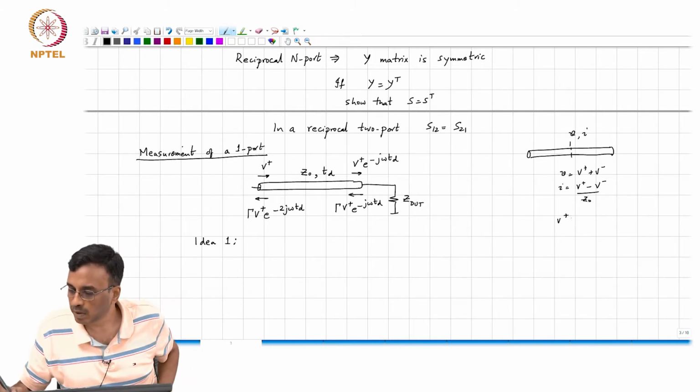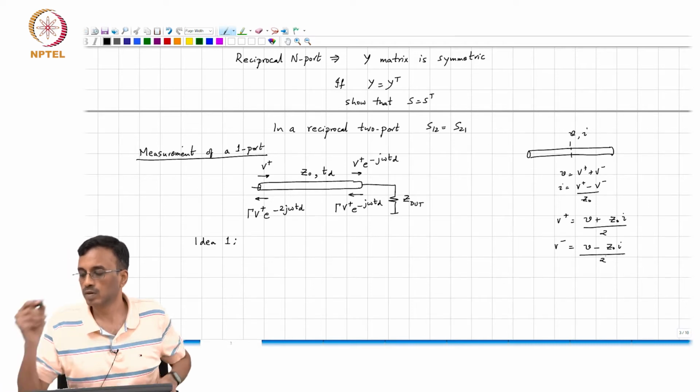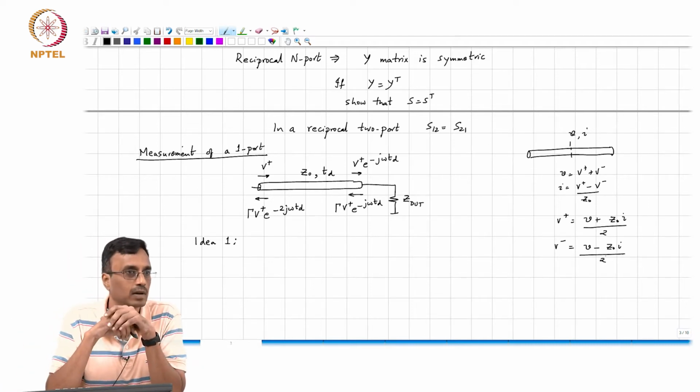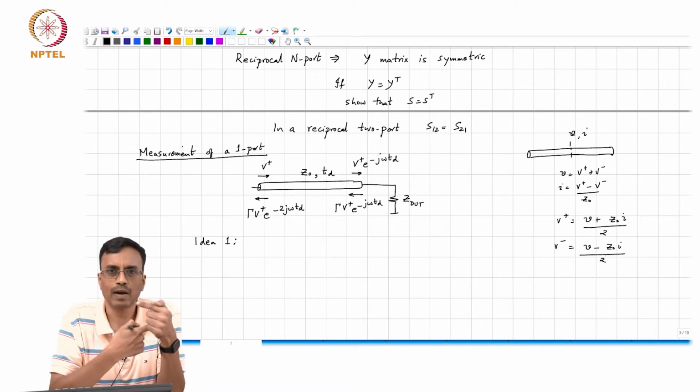V plus is voltage plus Z naught times current, times 1/2, and similarly V minus equals voltage minus Z naught I, times 1/2. So if you measure the voltage and current at a point, you will be able to find out what the forward going and the backward going waves are.